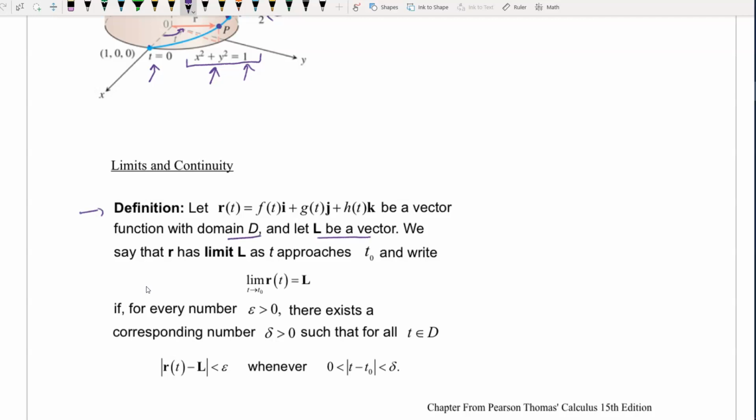We say that r has limit L as t approaches t naught, so the limit of r of t as t approaches t naught equals L, if for every number epsilon greater than 0, there exists a corresponding number delta greater than 0 such that for all t in the domain D, the absolute value of r of t minus L is less than epsilon whenever the absolute value of t minus t naught is between 0 and delta.